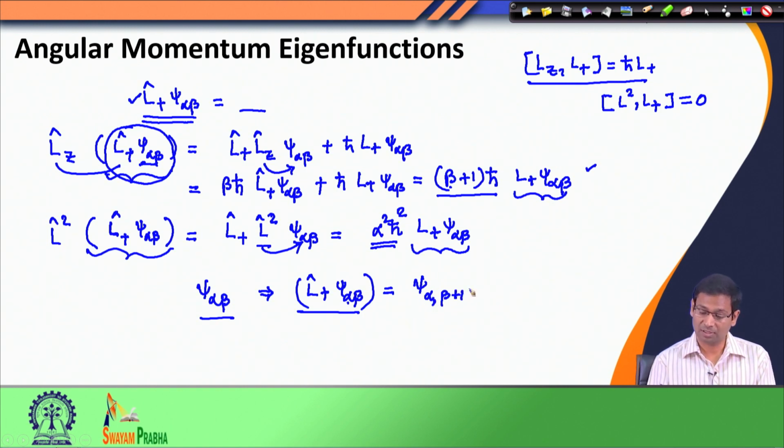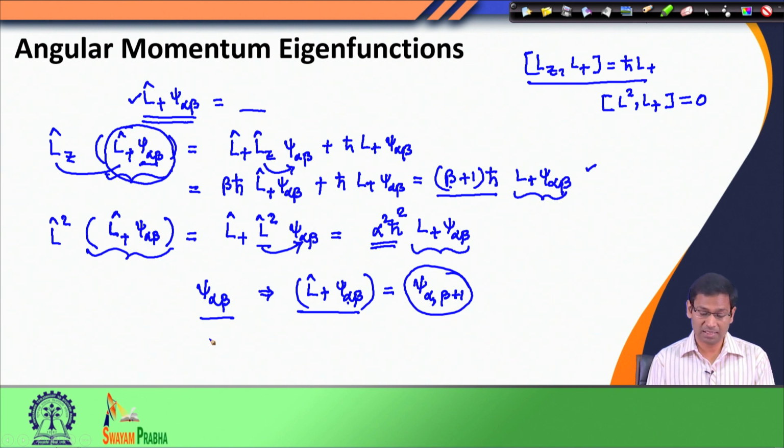So, this function, which is another eigenfunction of my Lz and L square operators, has two indices. Instead of alpha and beta, the indices are alpha and beta plus 1. This should remind us that when I apply the Lz operator on this function, I will get beta plus 1 h bar as the eigenvalue, and when I apply the L square operator, I will get alpha square h bar square as the eigenvalue.